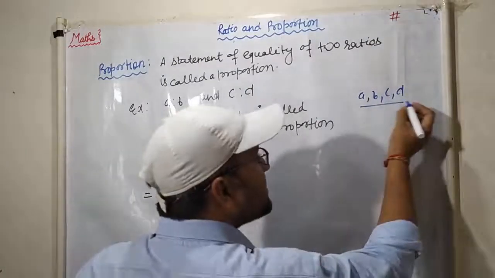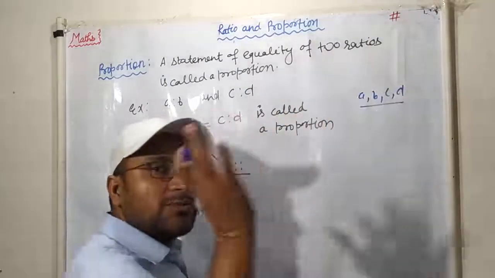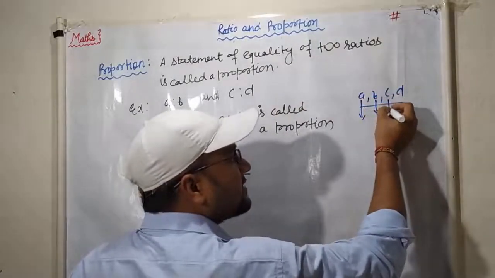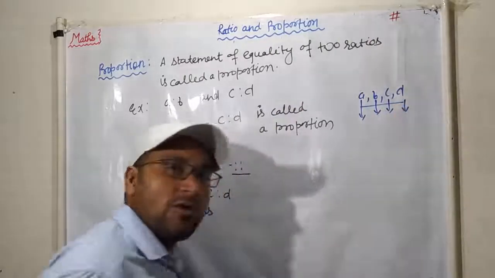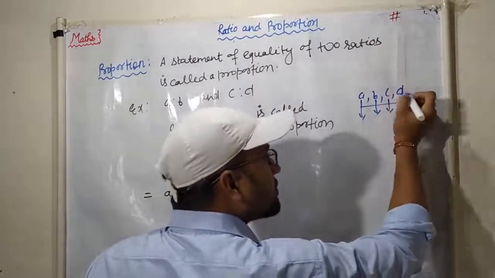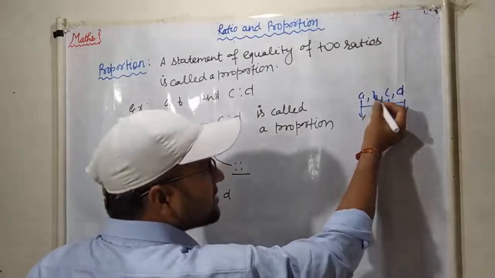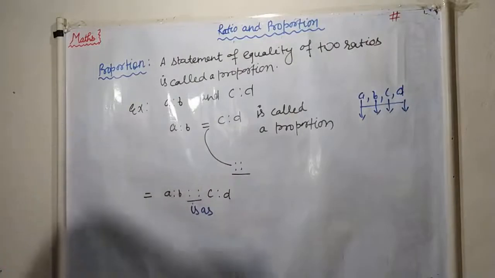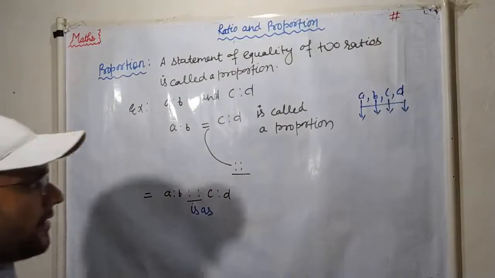So here A, B, C, D are called the terms of the proportion. A is called the first term, B is the second, C is the third, and D is called the fourth term, or the fourth proportional.